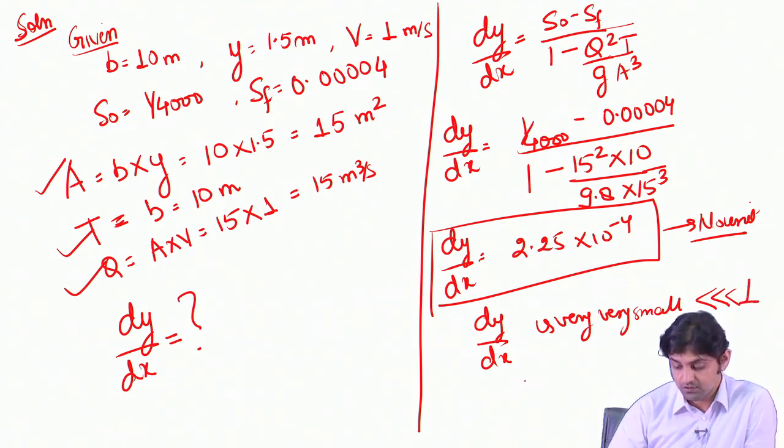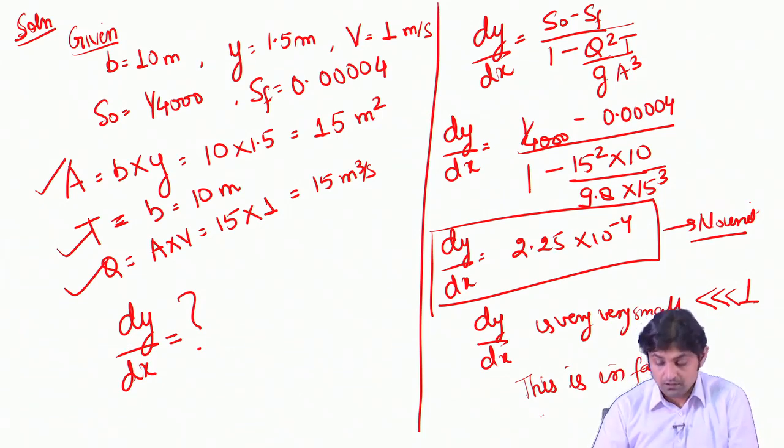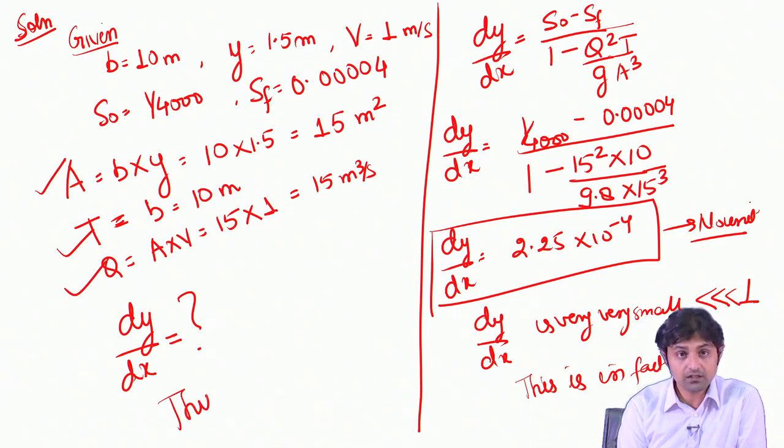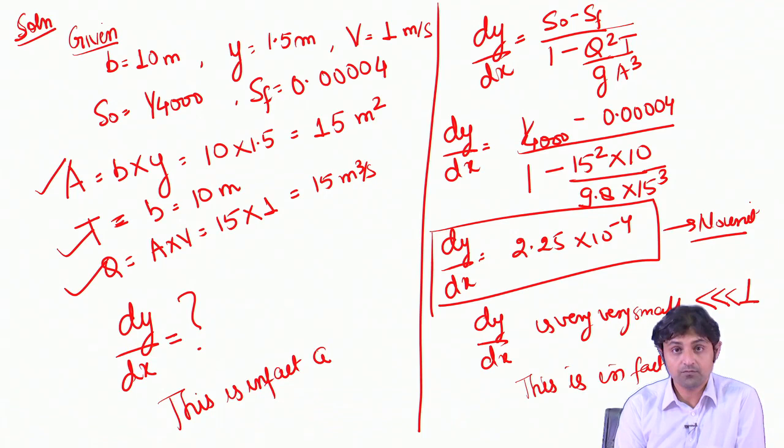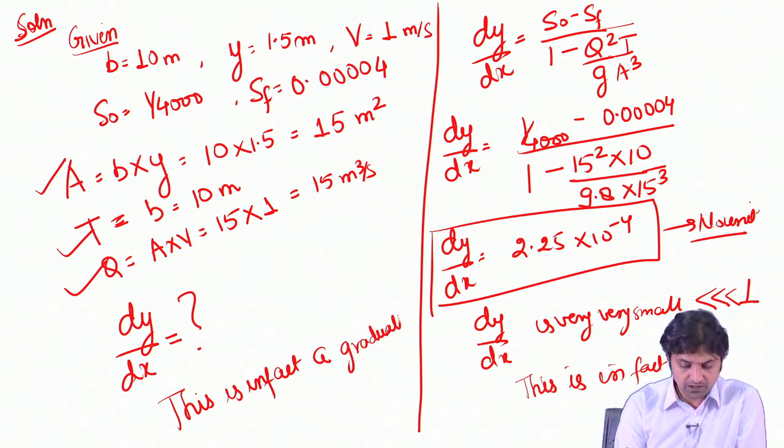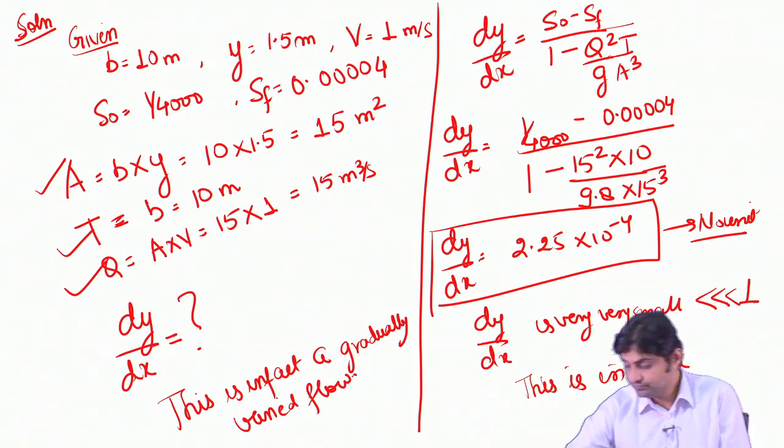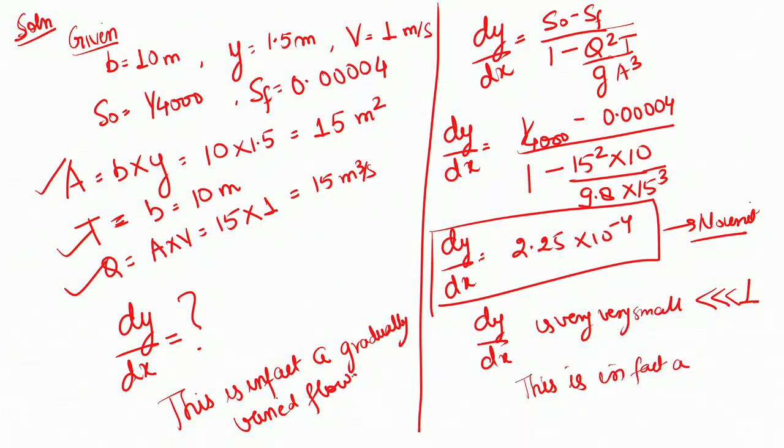So this is in fact a gradually varied flow.